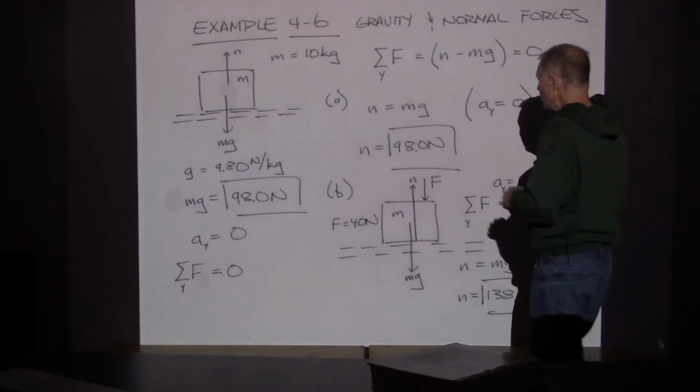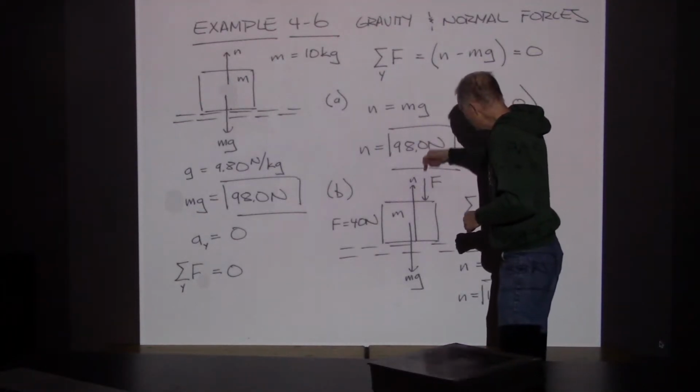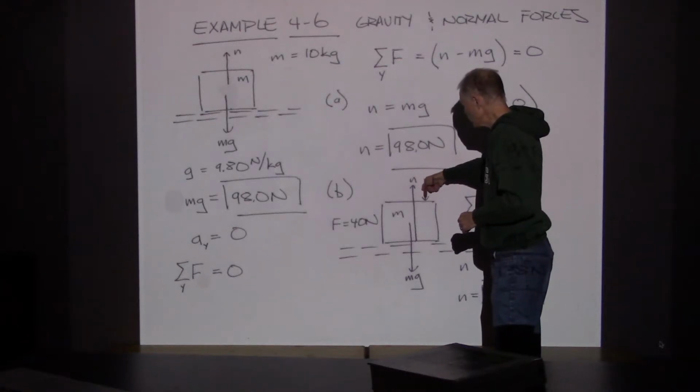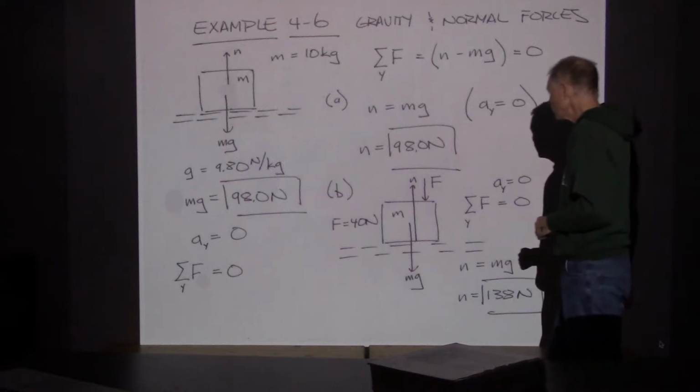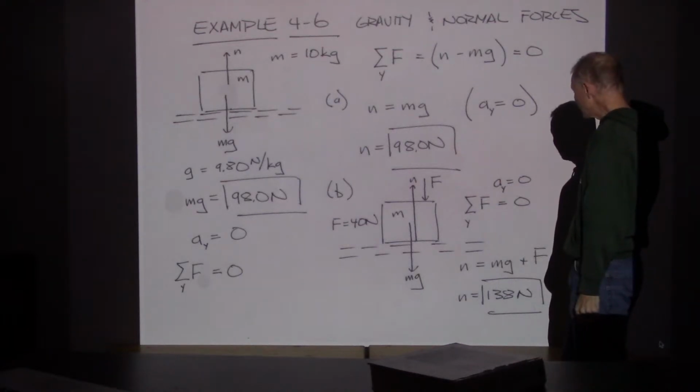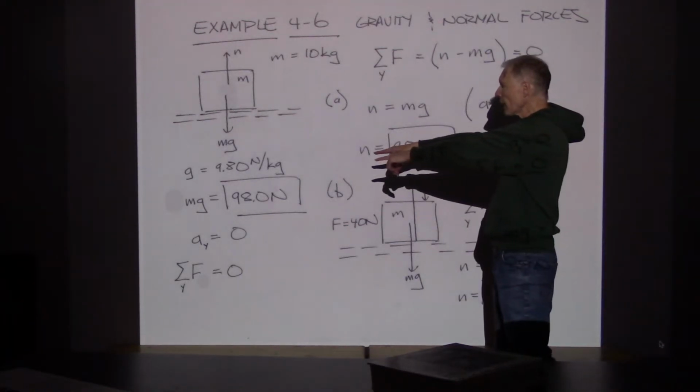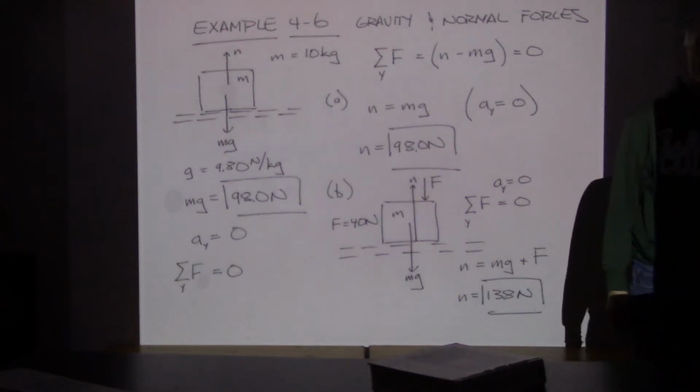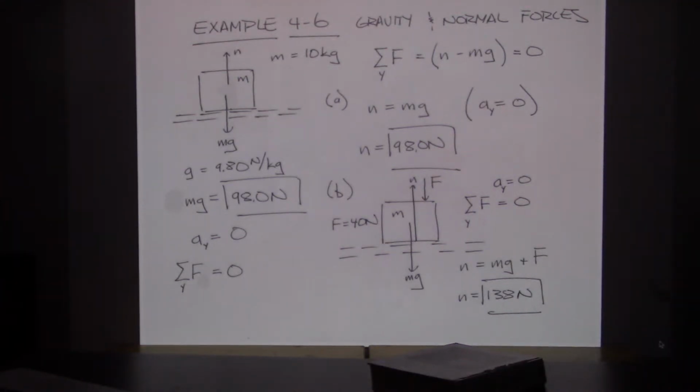Now what happens when you come in and push downwards with an additional 40 newtons? That doesn't change gravity. Gravity stays right at 98 newtons. The box's mass has not changed. The Earth's gravitational field has not changed.